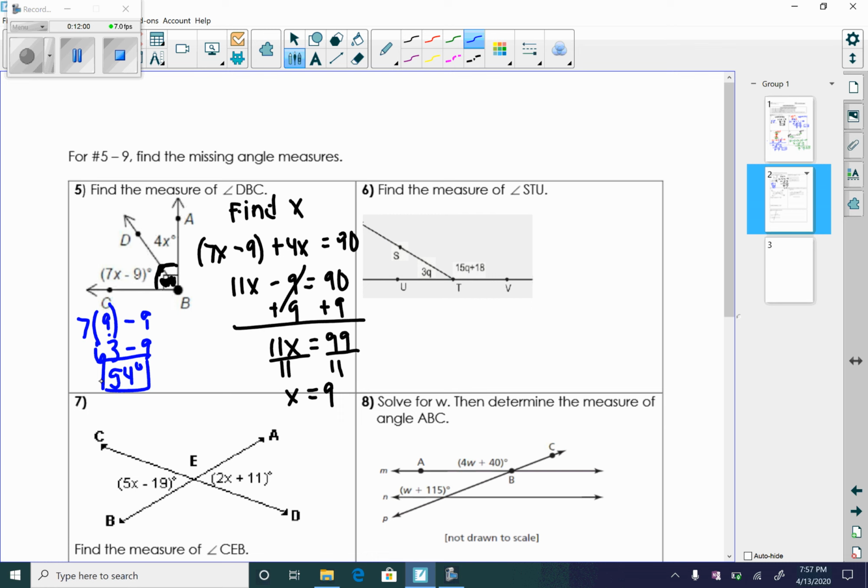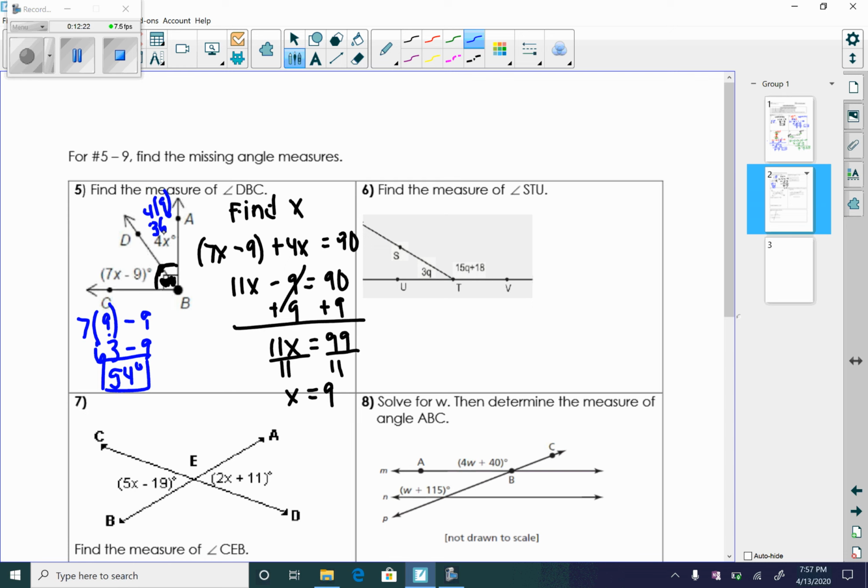Again, if I want to check this, this angle here has to be 36 because together they have to add to 90. So if I substitute in the 9, look what happens. I get my 36. I know I did the problem correctly because the two angles add to 90 degrees.